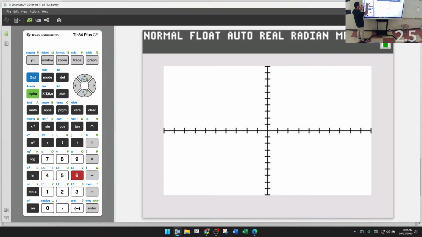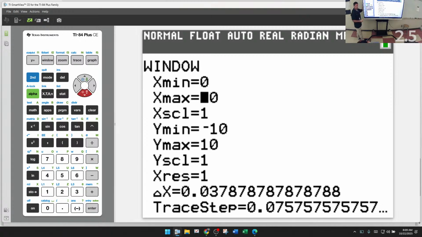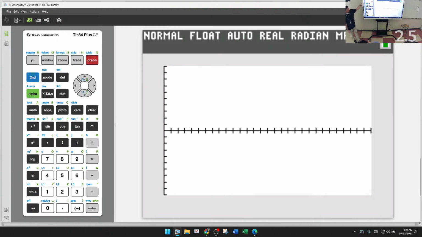I'm going to have to move my windows. Let's make my X. I don't care about my X min. In fact, I can move that to 0. It told me it's only from 0 to 30 minutes, though, didn't it? Oh, there it is. I got to see where it crosses.